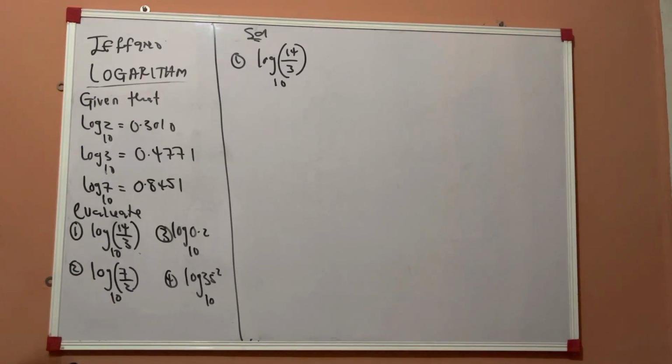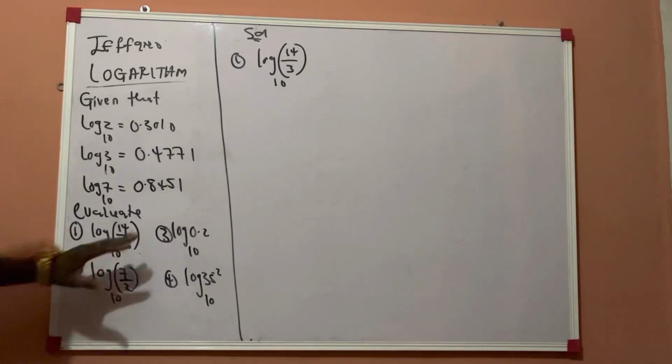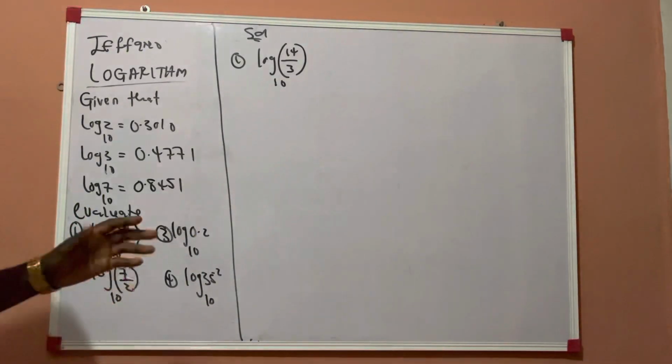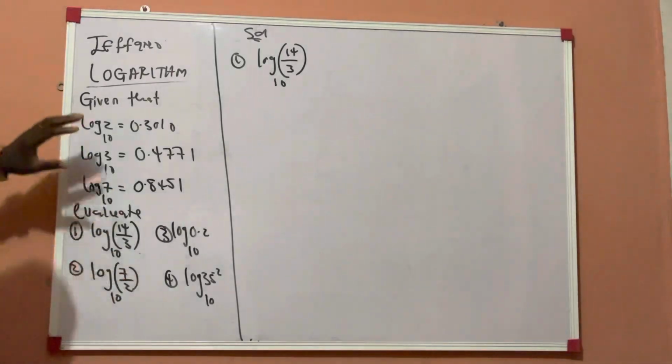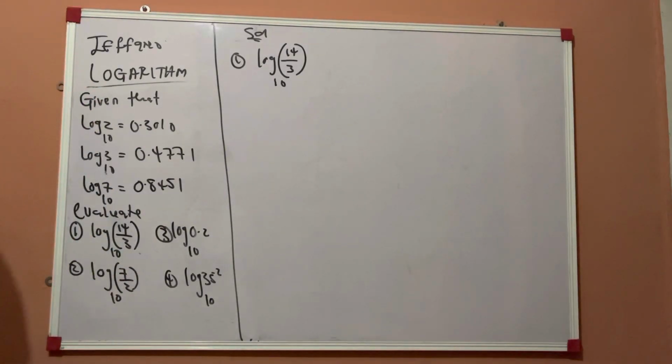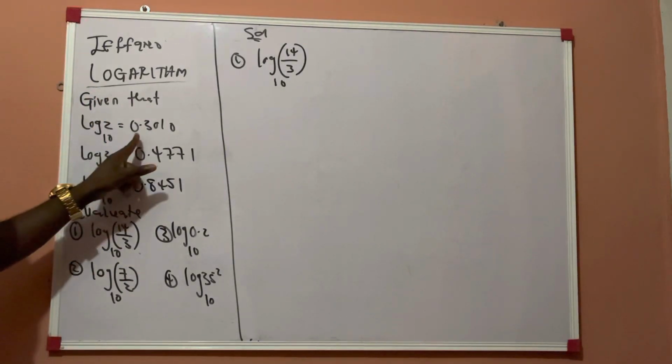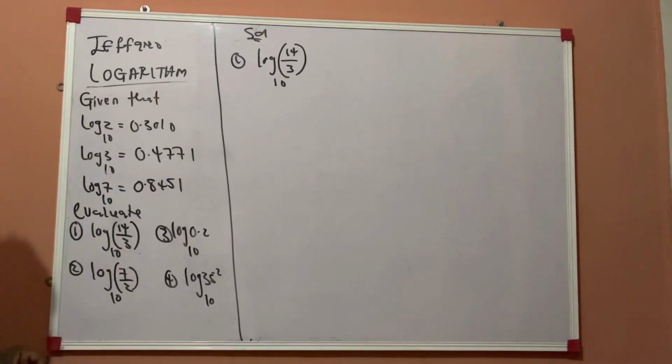So today, we have 4 questions on the board. And solving these 4 questions, they give us 3 logarithms: log 2 to the base of 10 is 0.3010, log 3 to the base of 10 is 0.4771, and log 7 to the base of 10 is 0.8451.